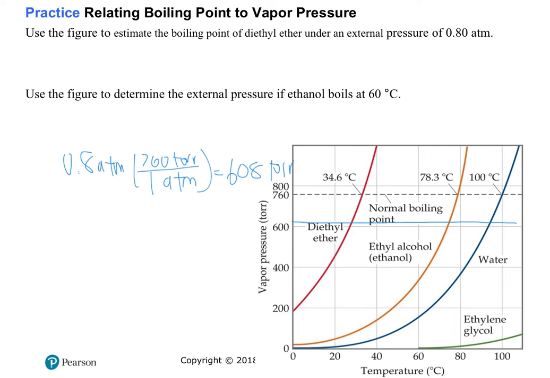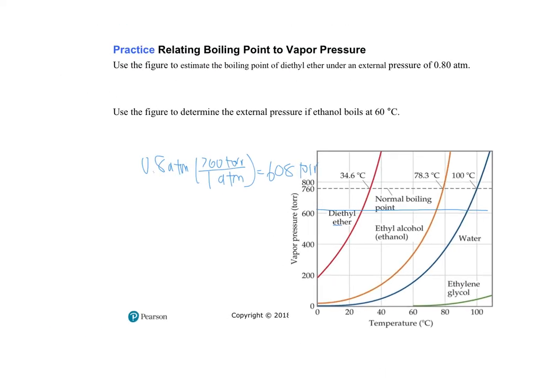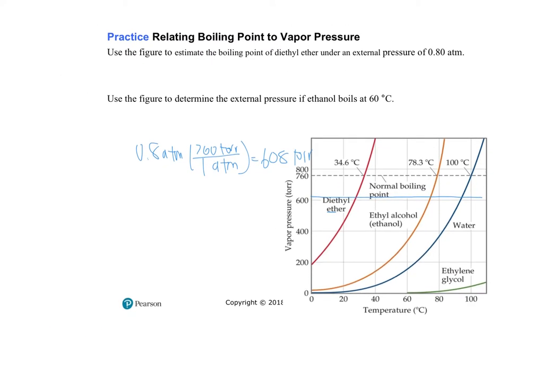So I'm going to go on here, that's a little bit above this line, and I want to do it for diethyl ether, so that's this red curve here. So we're going to find the temperature. I'm going to have to zoom out a bit, at which the red curve, the vapor pressure curve, crosses with this pressure.